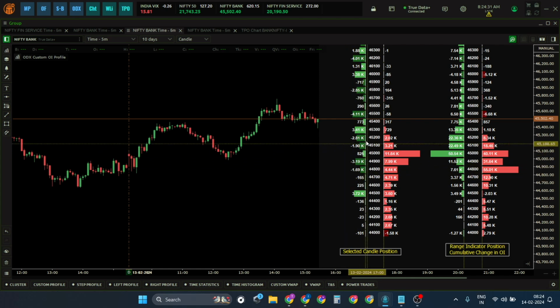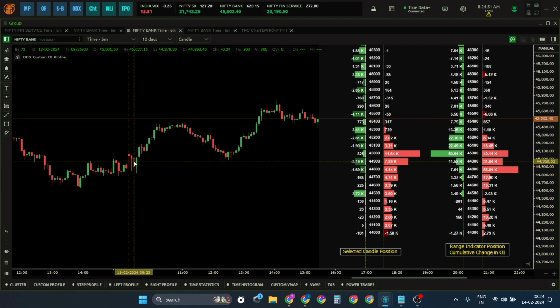So call writers are running away. You can see it in this present candle. But overall, 45,000 still has good call writers as well.